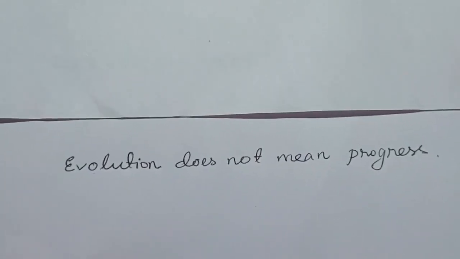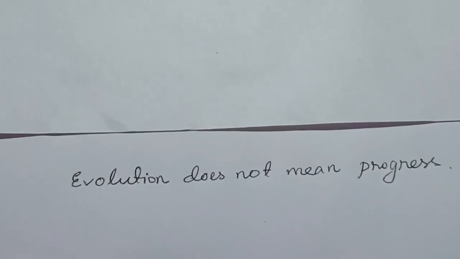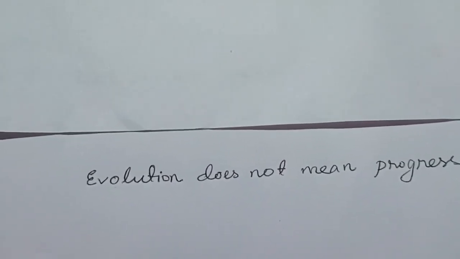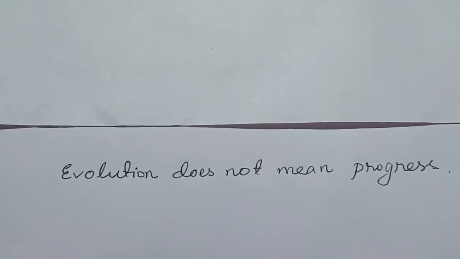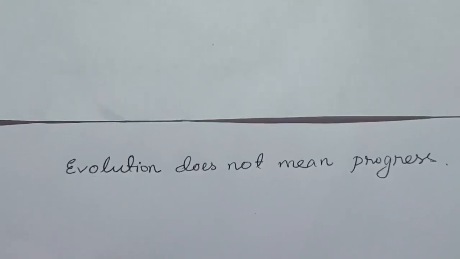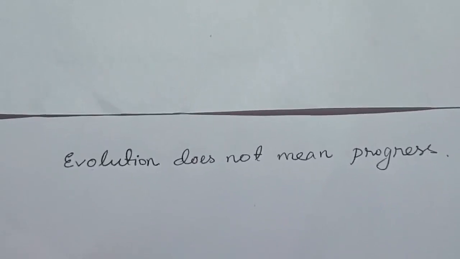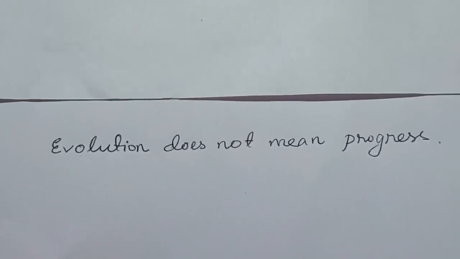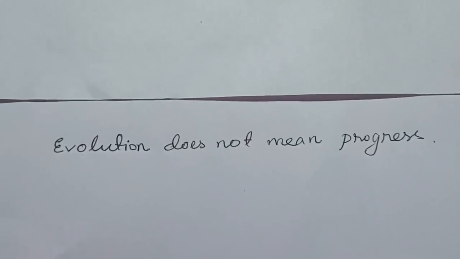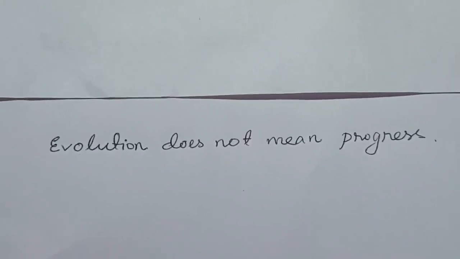Evolution does not mean progress. If we see humans and a bacteria, anyone would say how advanced humans are, but some bacteria can live in extreme conditions that humans cannot.